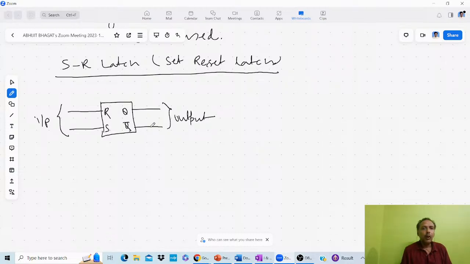Two inputs are there, two outputs are there. This Q and Q bar are complements of each other. If Q is 0, Q bar is 1, and if Q is 1, Q bar is 0. This type of output you will get. So this is the block diagram of the SR latch.